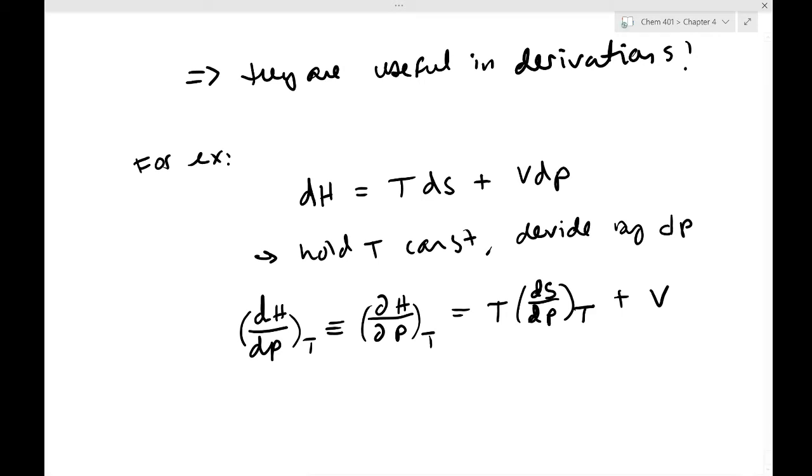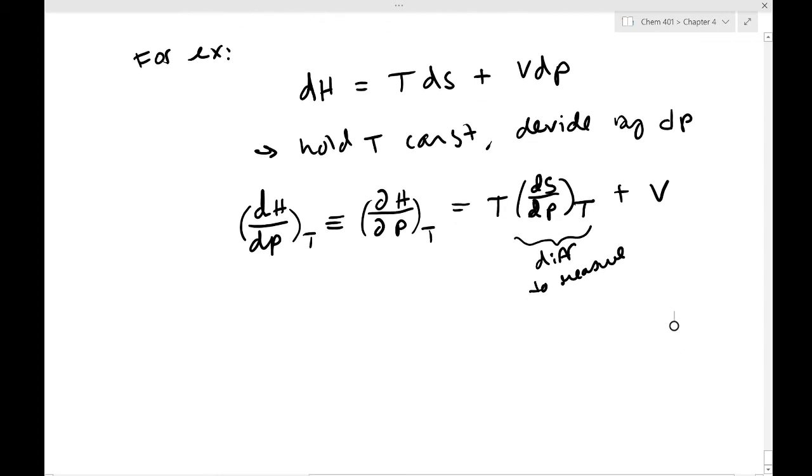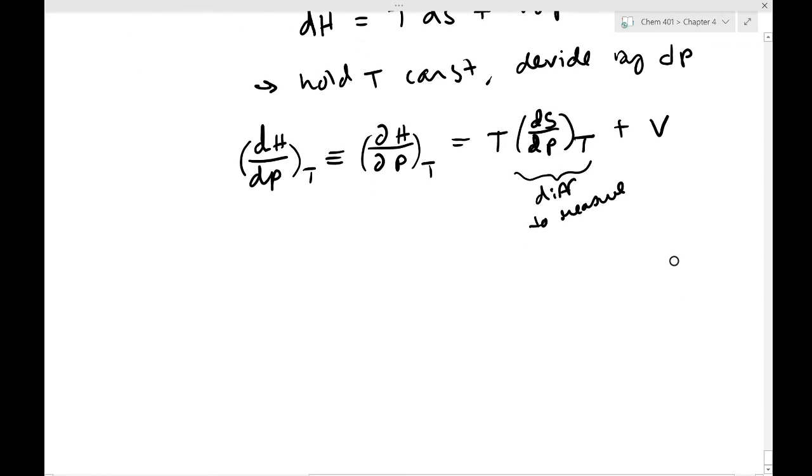Now again, this is difficult to measure. It's very difficult to measure the entropy. So we want to get away from this piece and towards something that's a little bit easier to measure.